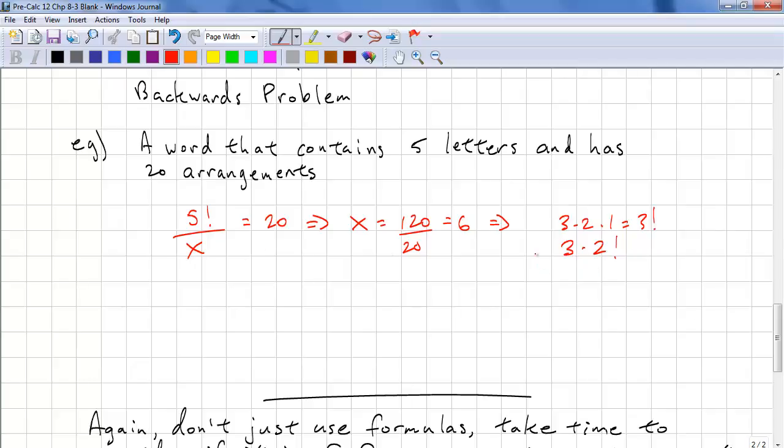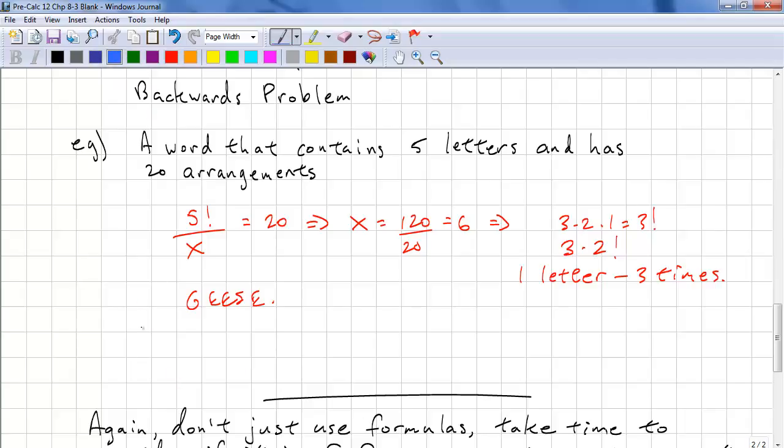So basically we have 1 letter repeated 3 times. So what word has 3 different letters with 1 letter repeating 3 times? Here's one. It's not the only one. Geese.